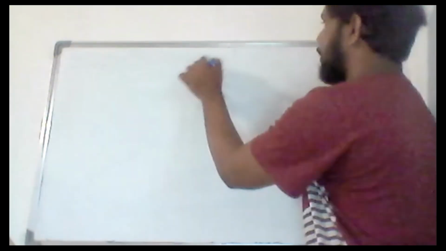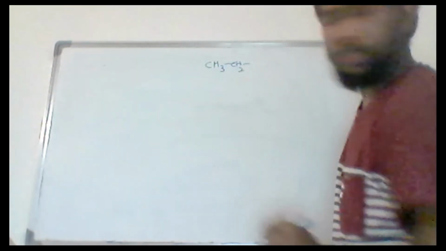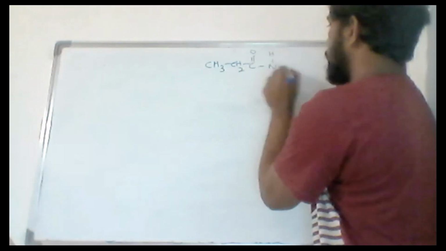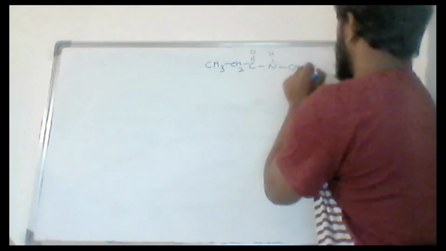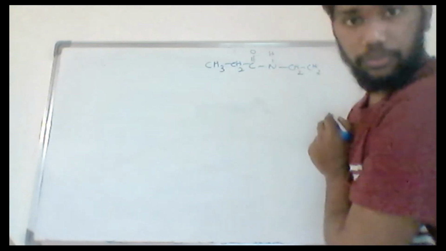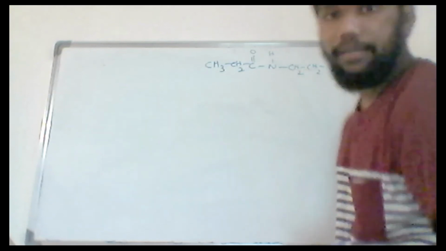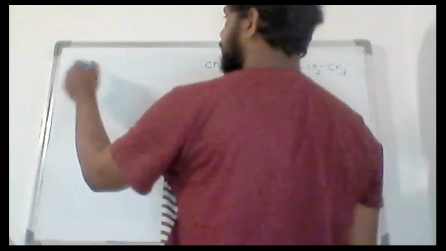So next one we have already been given a product. So that is CH3, CH2, CO, NH, and we have CH2, CH2, CH3. And we have the reacting compound, that is propanol.